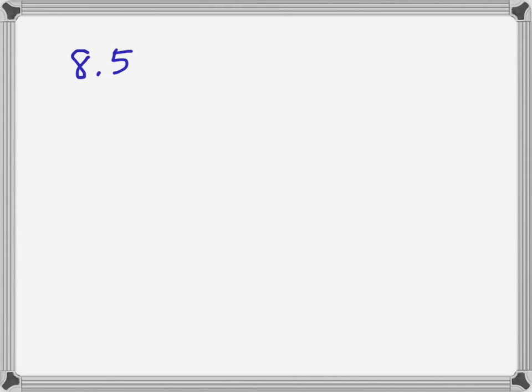All right, what about a number which is larger than 1? All right, 8.5, and I'll give you a couple ways to do this. One option is to say, okay, I know that that's 8, and then the 0.5, using place value, that's 5/10. Right?